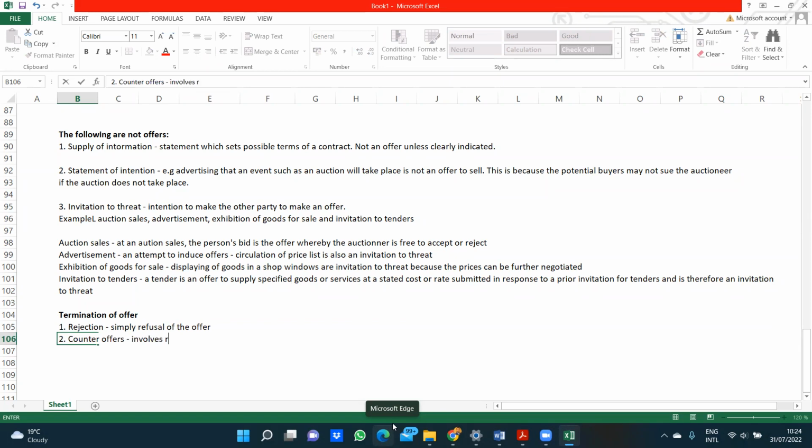This involves rejecting the original offer, and another offer made by the offeree as a result.